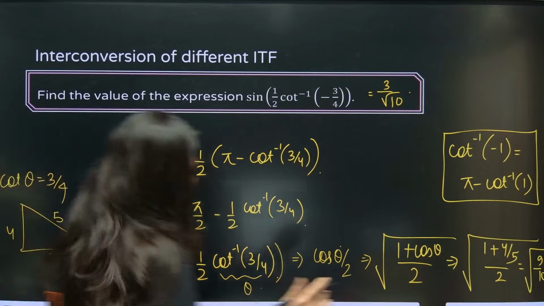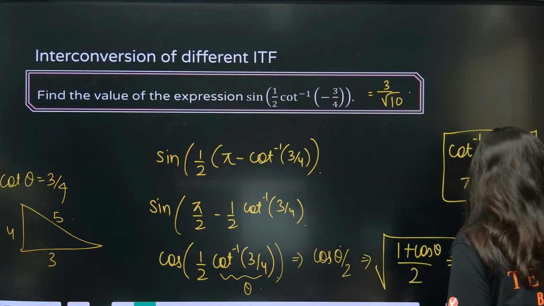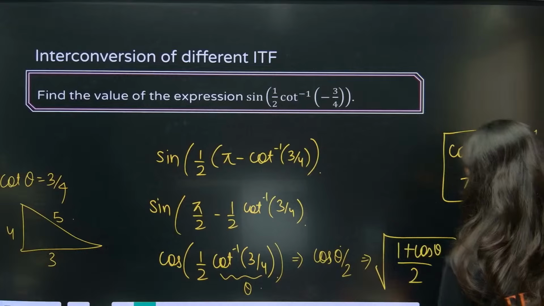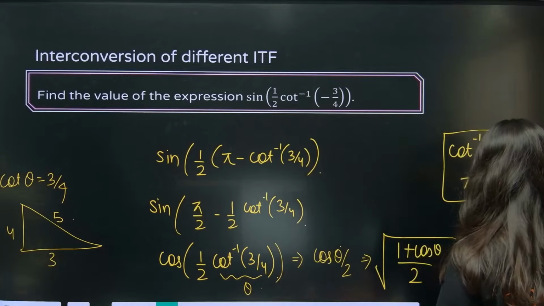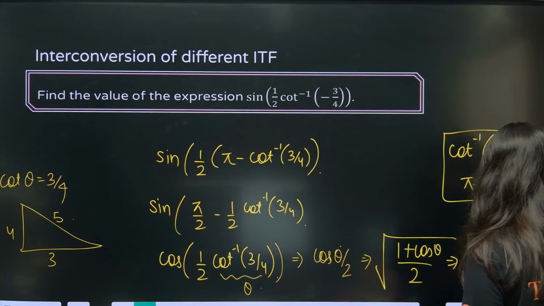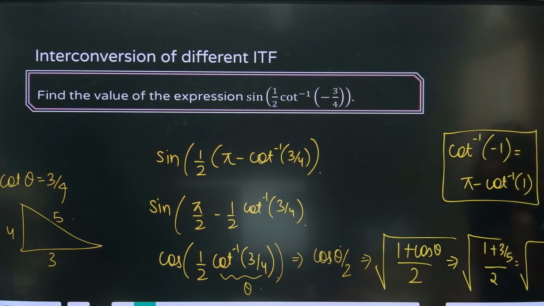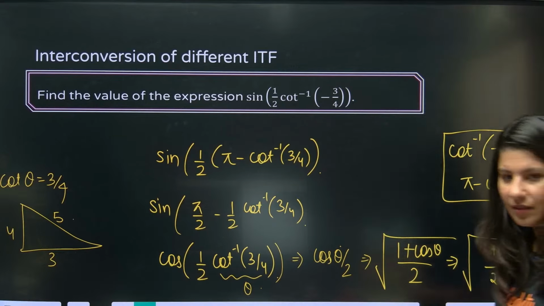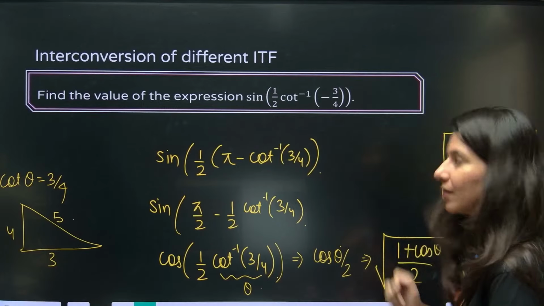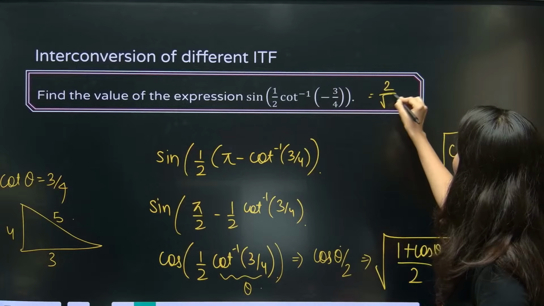Cos is actually 3 by 5, right? This is 3. So (1 plus 3 by 5) by 2. So this is going to give you 8 by 10. 8 by 10 will be what? 4 by 5. So 2 by root 5. Yes, so this is 2 by root 5.